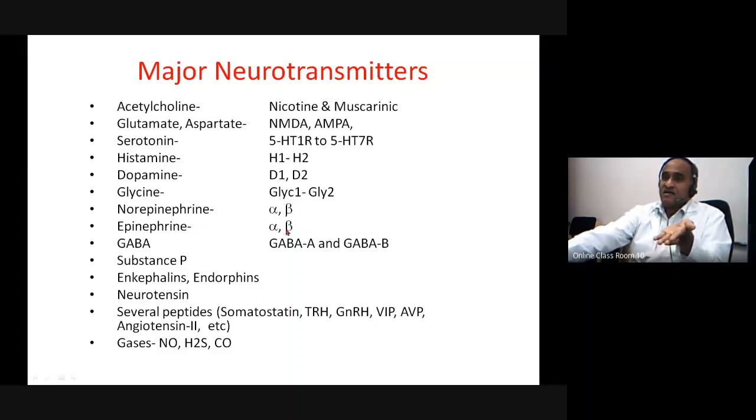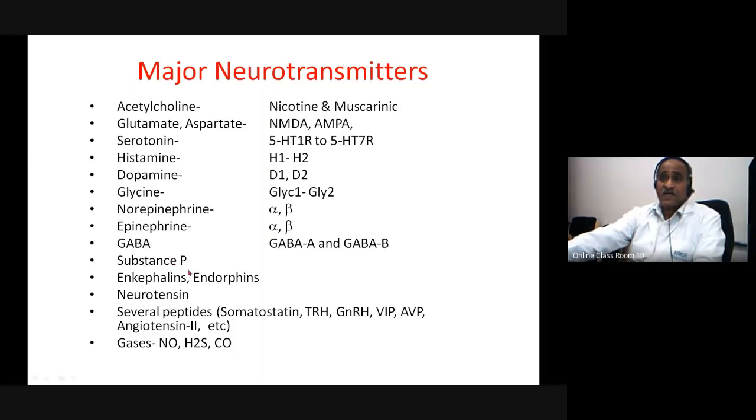Epinephrine acts equally on both alpha and beta adrenoceptors. GABA has 2 receptors, GABA A and GABA B. GABA A opens up the chloride ion channel. GABA B is a sort of metabotropic receptor, which opens up the potassium channel.